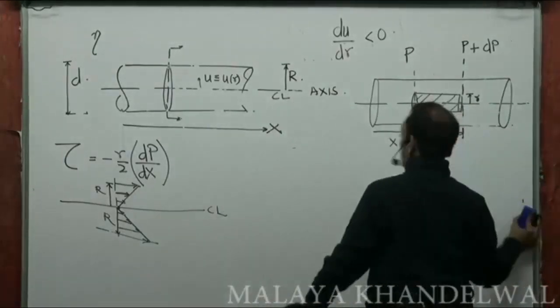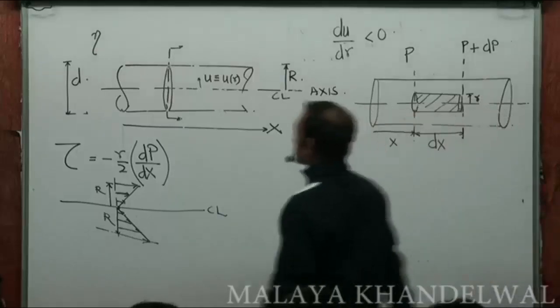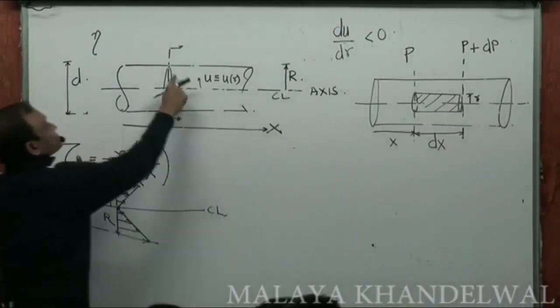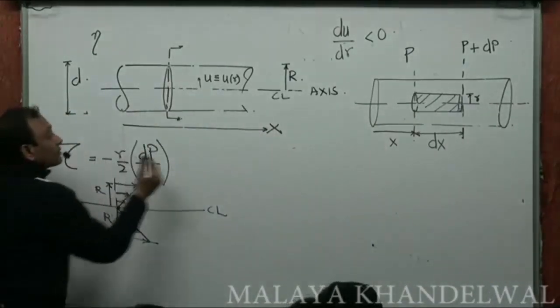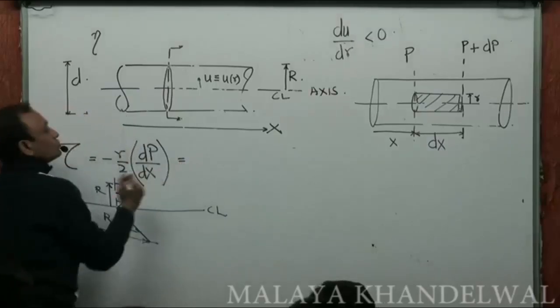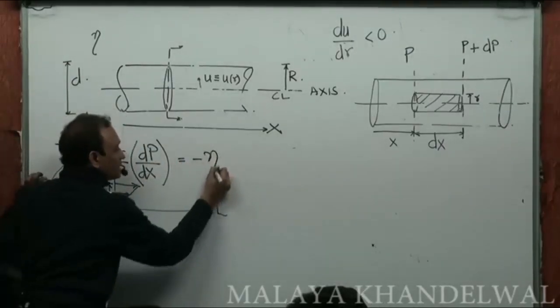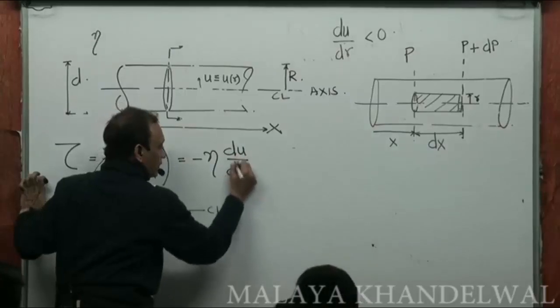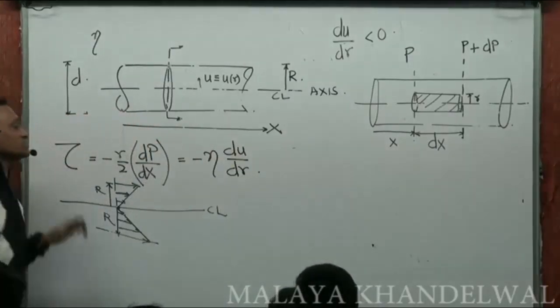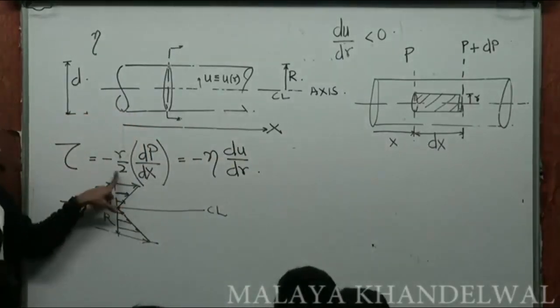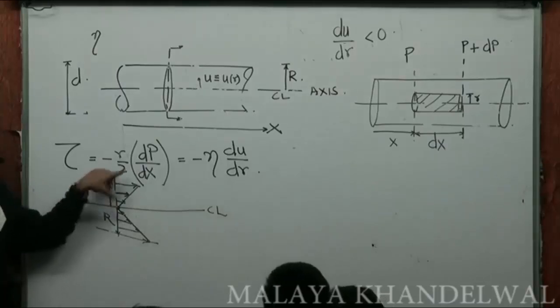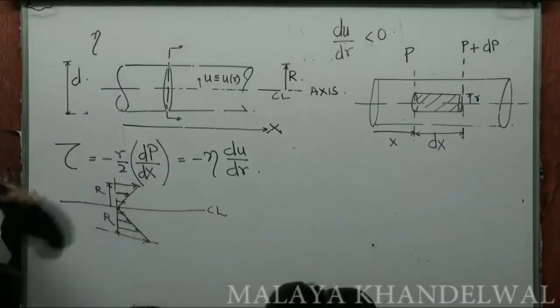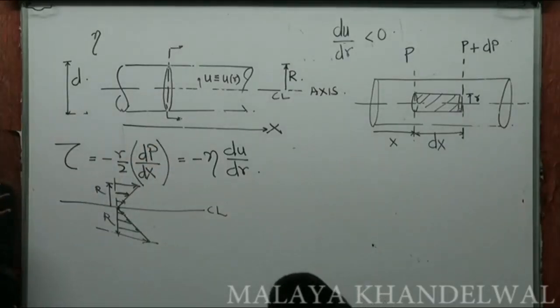Now, shear stress at any given r, like we have just studied, is going to be minus eta times du dr, right? That's a shear stress, which is equal to this for flow through a pipe, where dp dx I am going to assume is a constant number. The pressure gradient I am going to assume is reasonably constant, right?